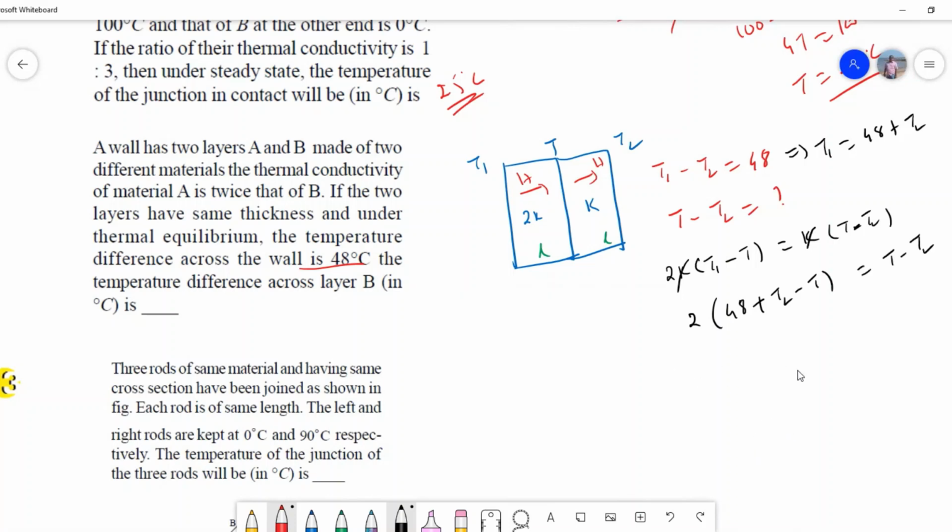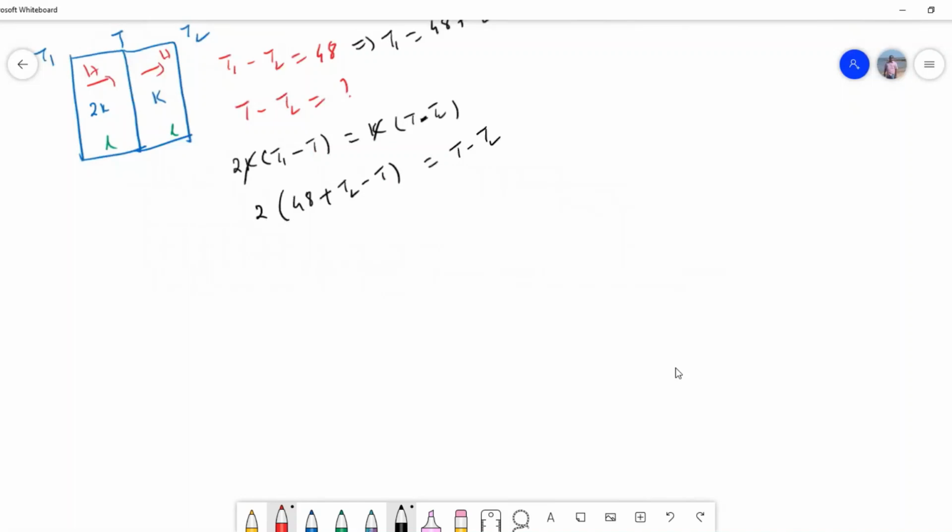So this is nothing but, if I take multiplication, 96 plus 2 into T2 minus T is equal to T minus T2. Or 96 is equal to, if I take this side, minus T2 minus T plus T minus T2.